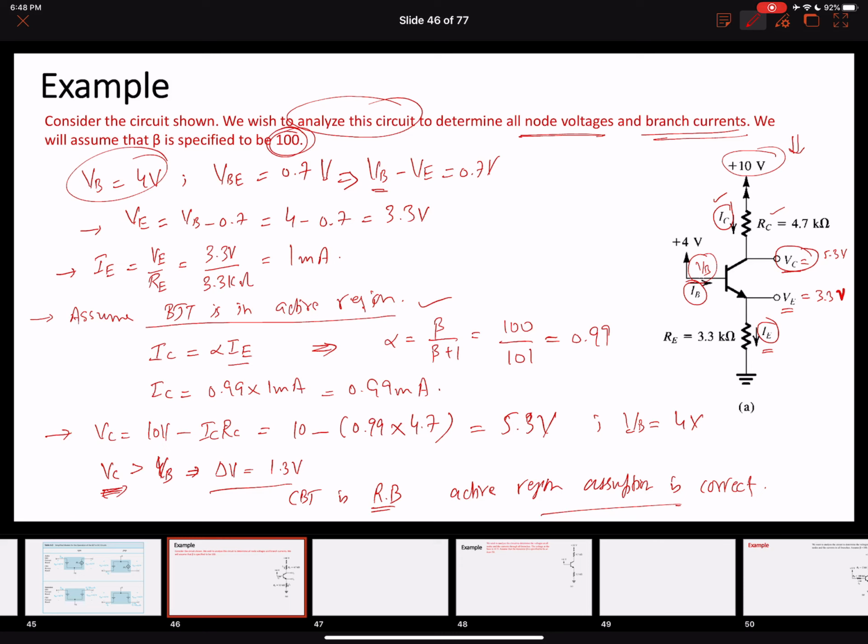If it is larger than the base voltage by 0.4 volts, the collector to base junction is reverse biased and the NPN transistor is in the active mode of operation. As soon as this voltage drops, if the base terminal is at a higher potential than the collector voltage, our collector to base junction is forward biased, and since the emitter to base junction is already forward biased, it should be the saturation region of operation.